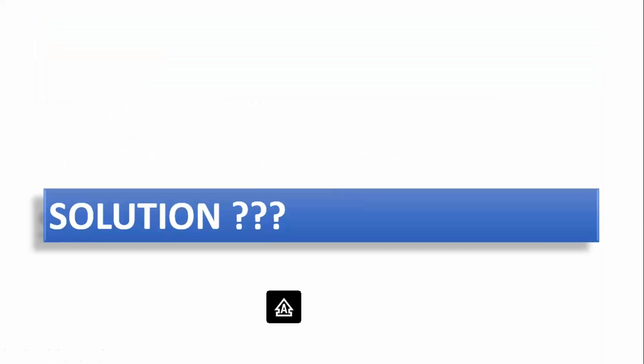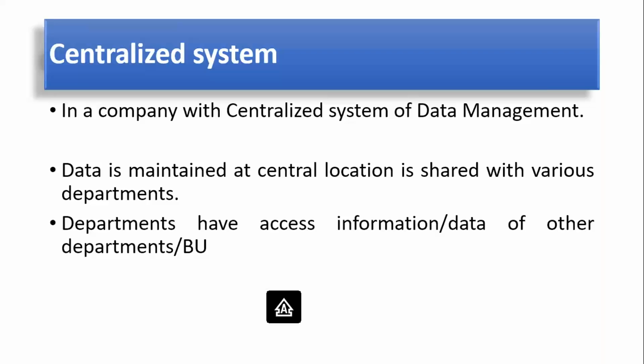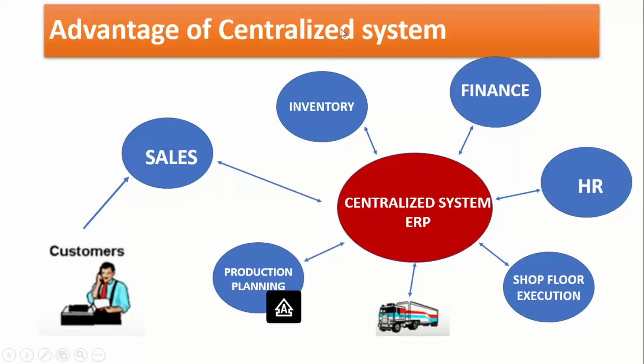What about the solution for this? Centralized system. A centralized system is nothing but data maintained at a central location and shared and distributed with other departments. Let's take the same scenario. The customer contacts the sales department, but we are running a centralized system. I don't need to contact the inventory, because I can directly connect to the system.